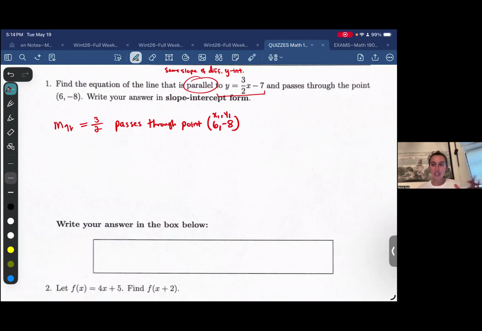So point slope is how we're going to find the equation, but we want to eventually put it into our slope intercept form, which is y equals mx plus b.